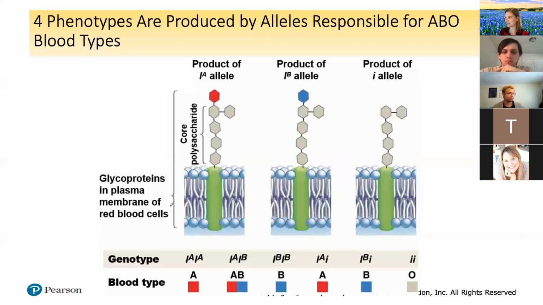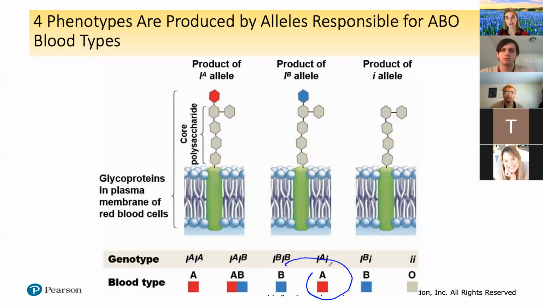But you can also see down here I have another A blood type. Okay, so we have another A, but notice we have I^A and then lowercase i.